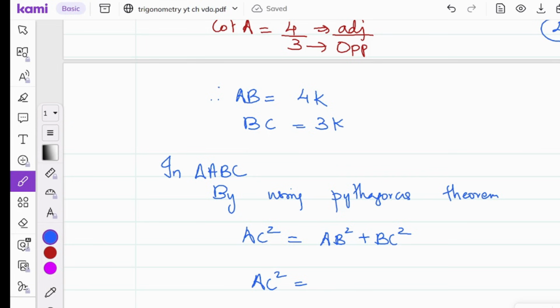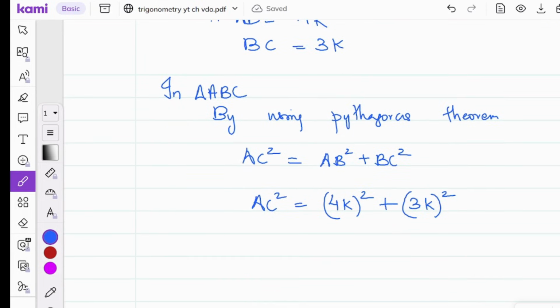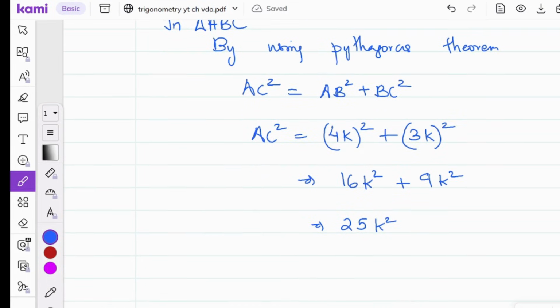AB is 4k, the whole square, plus BC equal to 3k, so I will write 3k the whole square. Okay, so 4k the whole square is equal to 16k square plus 9k square, right? Which is equal to 25k square. I got AC square equal to 25k square.